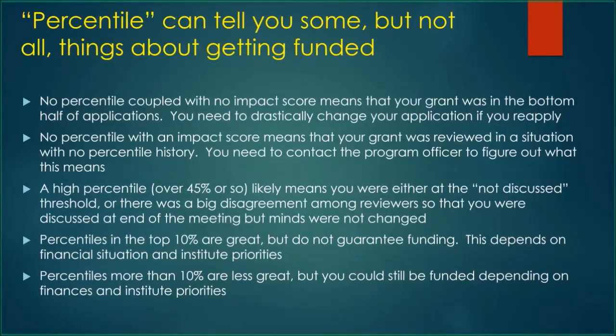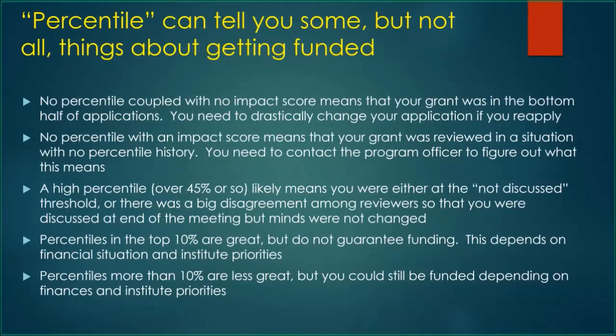Now, if you see no percentile coupled with no impact score, that means your grant was in the bottom half of applications. The chances of getting funded are almost nil, and you really should think about drastically changing your application if you reapply, because it means that you were in the bottom half of all grants submitted.